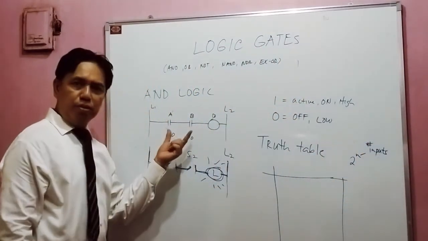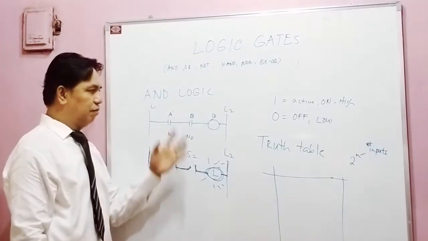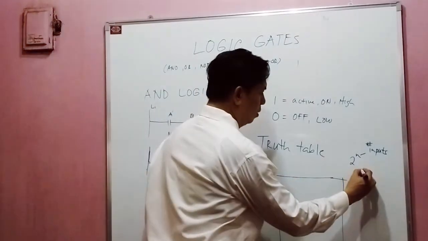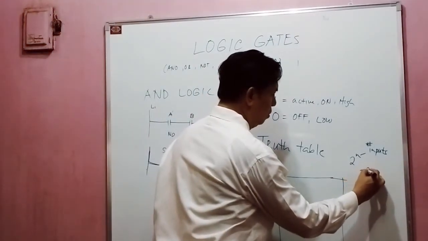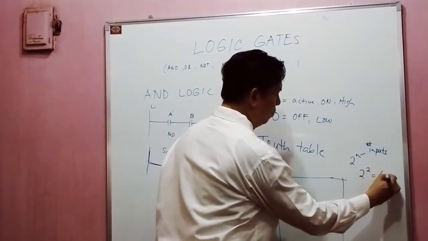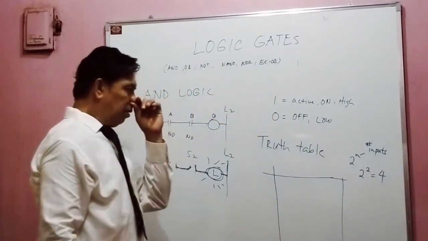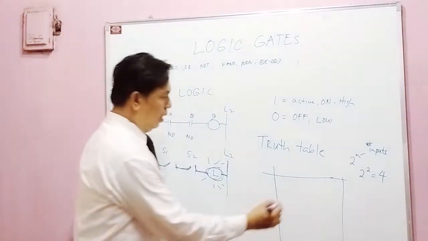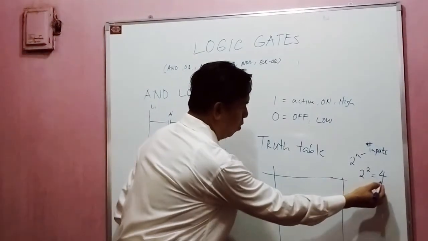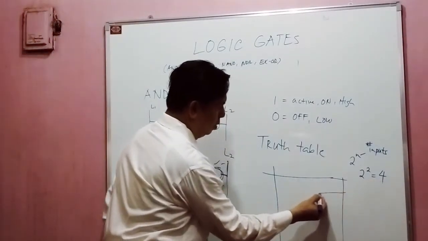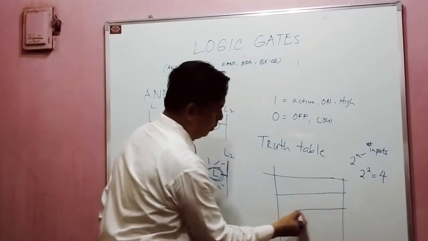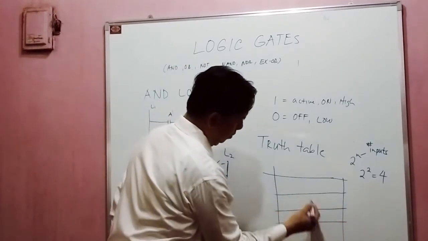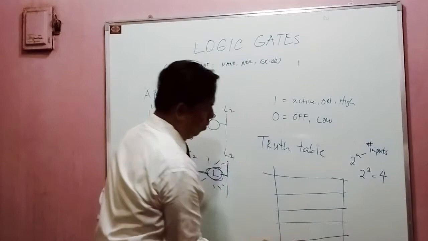So how many inputs do we have here? A and B. So we have two inputs. So if we calculate this, 2 to the second power is 4. So that number 4 is the number of horizontal lines. So I'll put 4 horizontal spaces here. 1, 2, 3, 4.